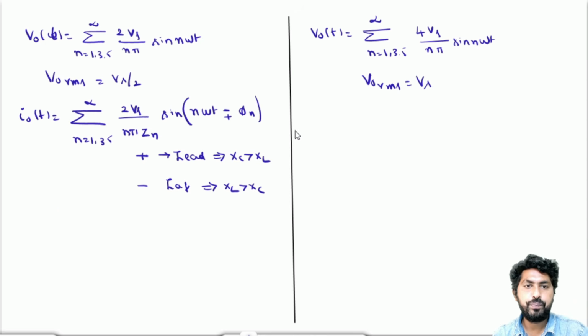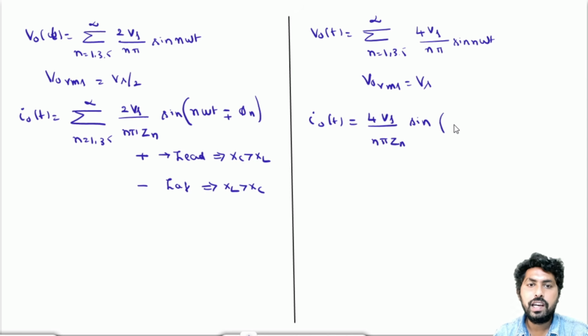Here also the same thing. So I0 of t will be 4 Vs by n pi into Zn into sin of n omega t plus or minus phi n. For Xc greater than XL, what about the Zn value?